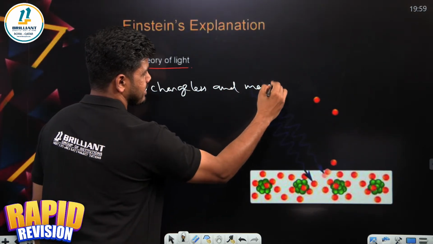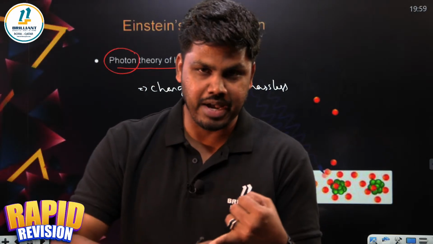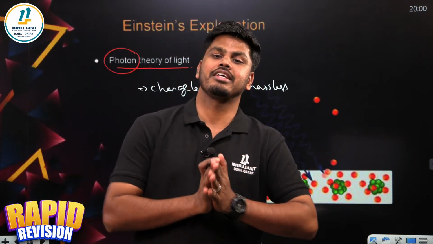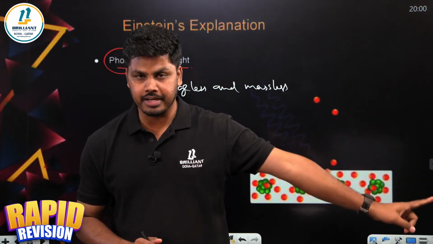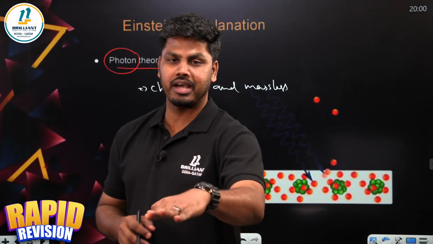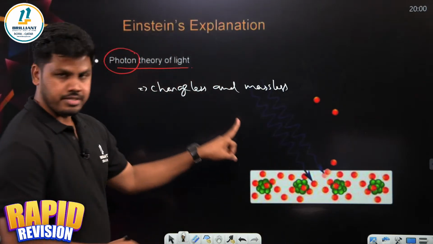The advantage of being chargeless and massless: if it is chargeless, it will be undeflected in electric and magnetic fields. If it is massless, it will be undeflected in a gravitational field also. So light will not deflect when it passes through an electric or magnetic field, even a gravitational field, because it is chargeless and massless, right?